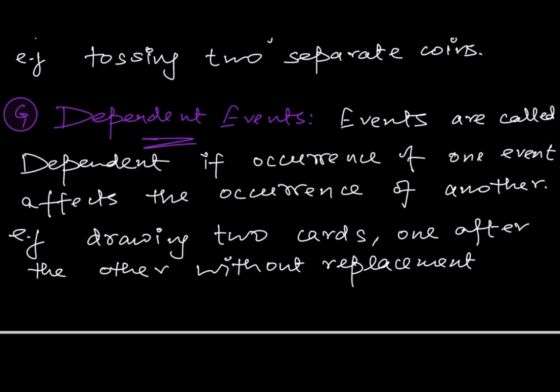So obviously in this case, drawing of one card without replacement will affect the occurrence of drawing another card, right? Because in that case probability for both cards will be different.